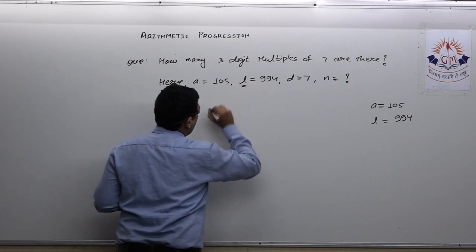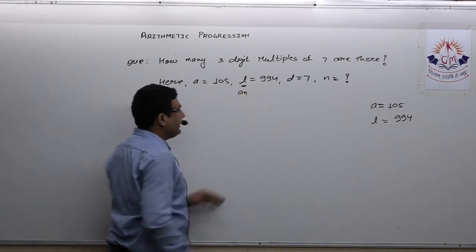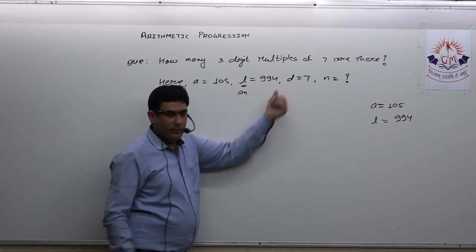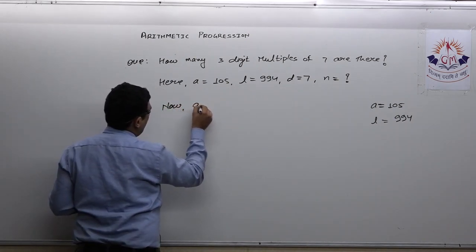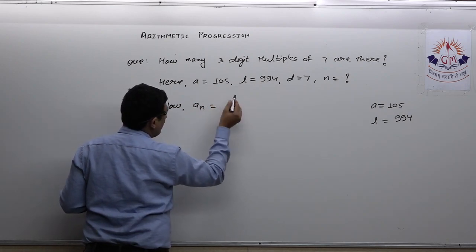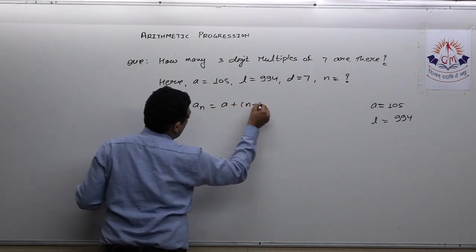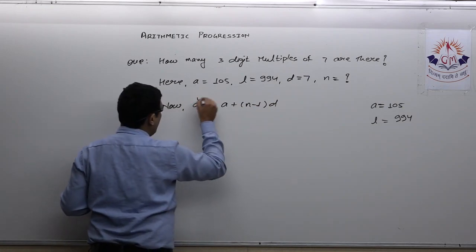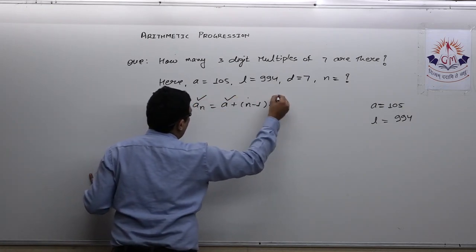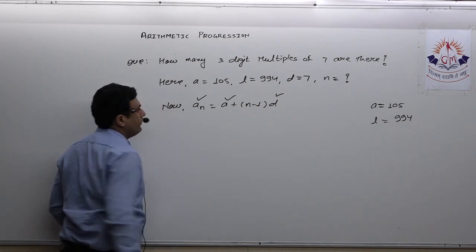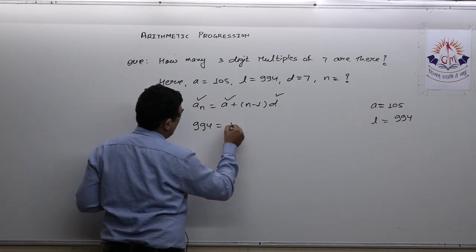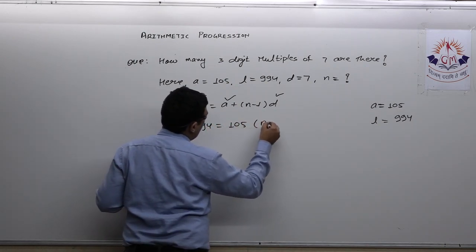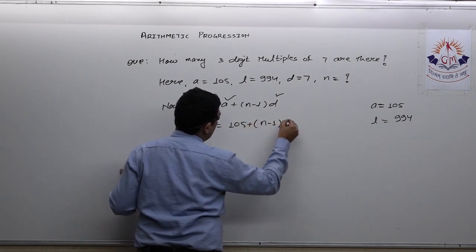Now instead of L I can also write AN, because I am considering it as N terms, and this is the last term. So AN, or L, is equal to A plus N minus 1 into D. Simply I will put the values of AN, A and D to get the value of N. So L is 994, A is 105, plus N minus 1, D is 7.